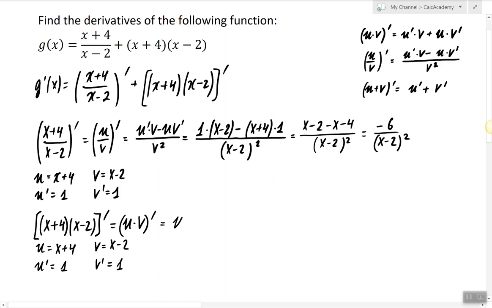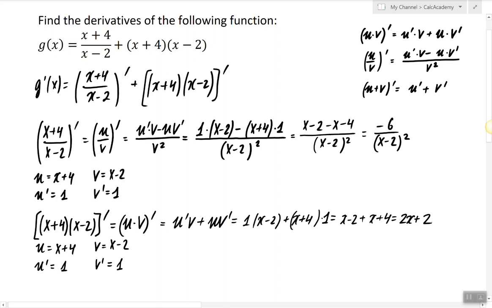So the derivative of the product is u prime v plus u v prime, which is 1 times x minus 2 plus x plus 4 times 1, which is x minus 2 plus x plus 4, which is 2x plus 2.